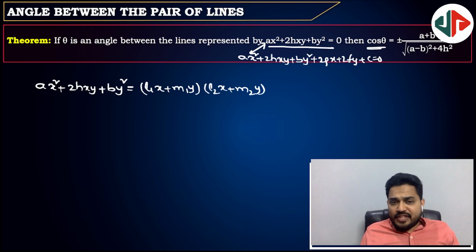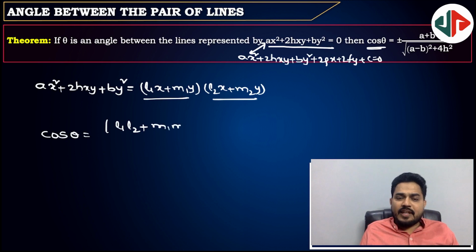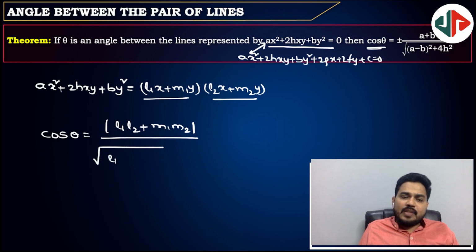So now these are the two lines. What is the angle between them? Cos theta is equal to modulus of L1 L2 plus m1 m2 by square root of (L1 square plus M1 square) into (L2 square plus M2 square).